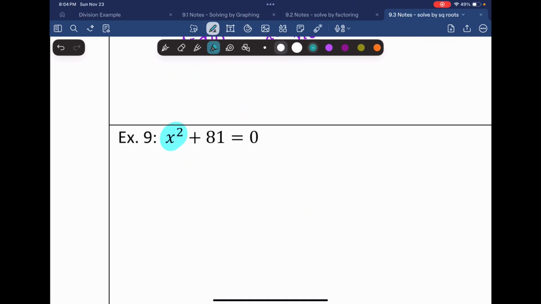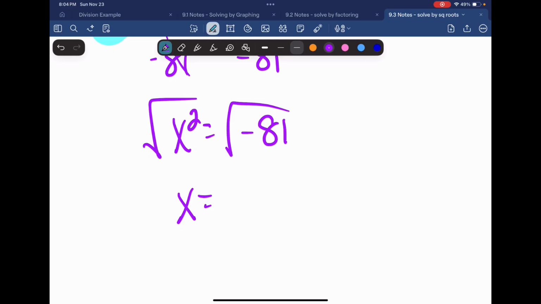There's my square. Subtract 81. Square root both sides. Now here's the deal. We are taking the square root of a negative number. So first I'm plus or minus. You take the negative 1 and then the 81.